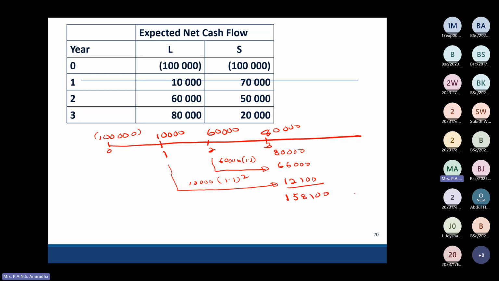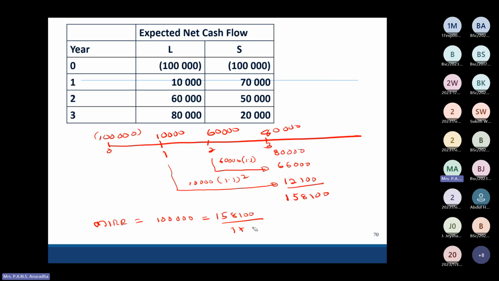So what is the modified internal rate of return? It is the discount rate where this terminal year cash flow is equivalent to the cost. So MIRR is the discount rate where the cost of the project is equal to these two values made equal. This is the end of year 3, so you have to discount it at 1 plus R. Here, actually, this R is the MIRR.